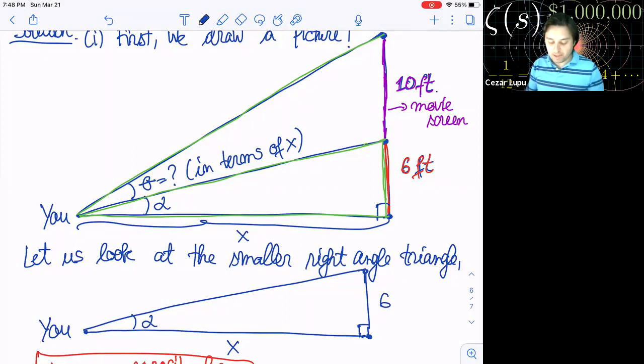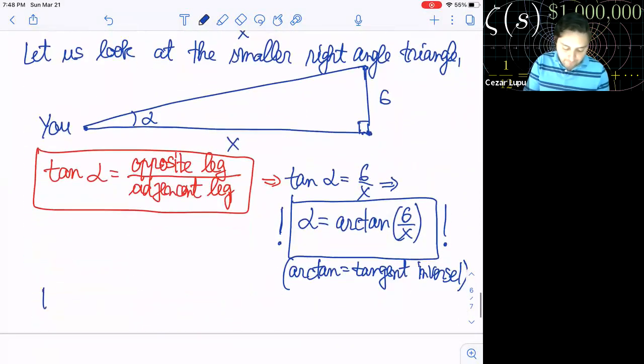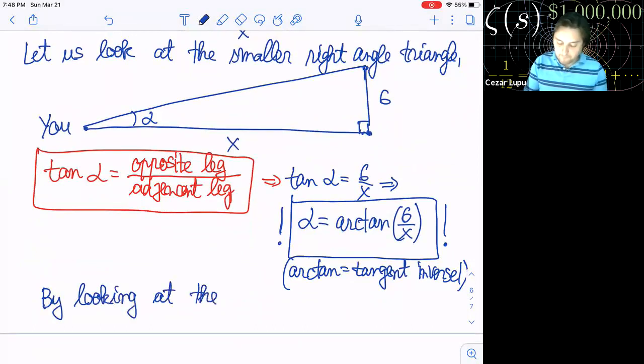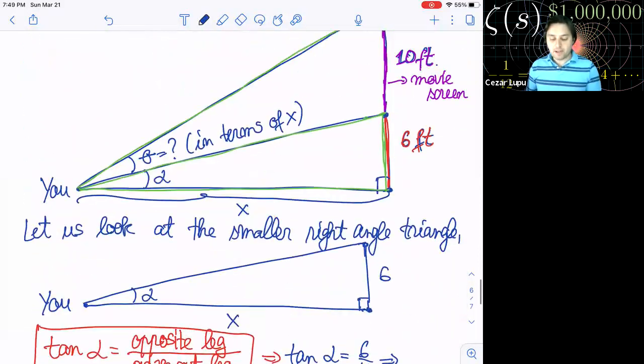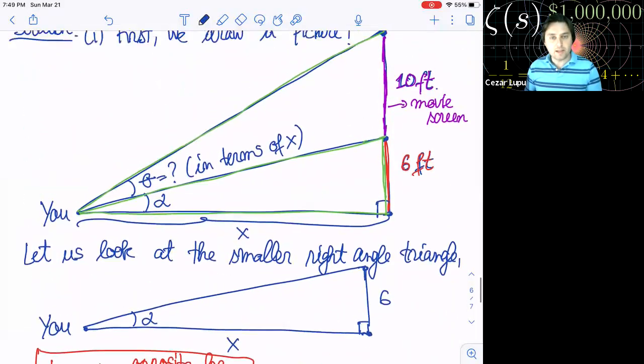So if we look at the big right angle triangle, what do we get? Can we express tangent of, you see, this time we can express what?